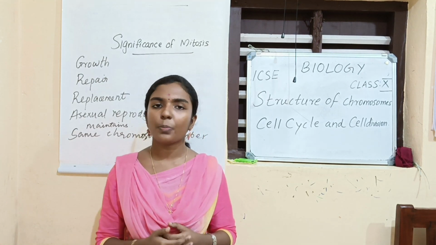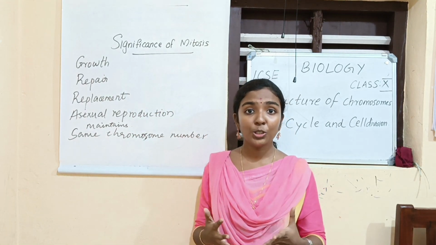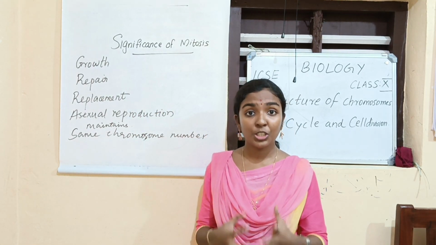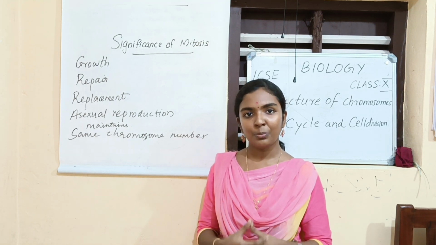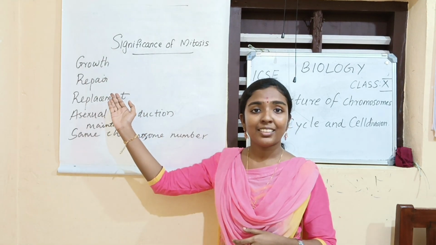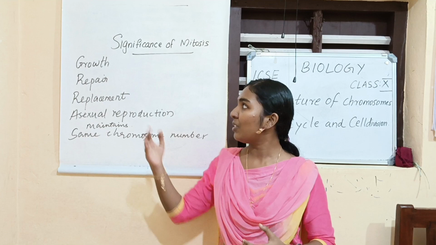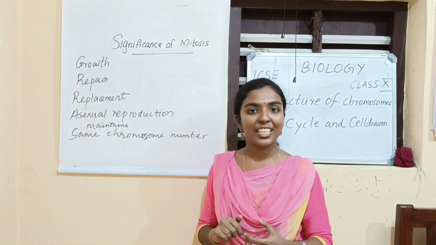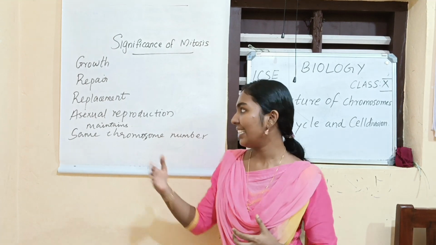So what's the significance of mitosis? Growth: growth of the body and growth of the tissues takes place. Repair: if the tissues or body cells get wounded, they will be repaired. Replacement: if some cells die, those cells will be replaced.